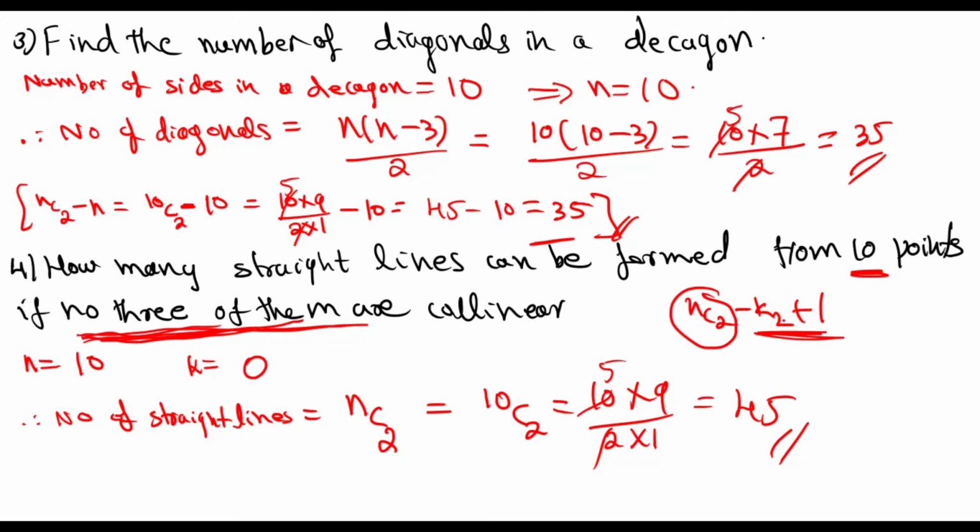In the formula if collinear points are there. Since collinear points are not there, you need to consider only the formula nC2. That time you will get 10C2. If you simplify this one, your answer is 45. Remember, if no points are collinear means your formula is only nC2. Otherwise, if collinear condition is given, you need to use the formula nC2 minus kC2 plus 1.